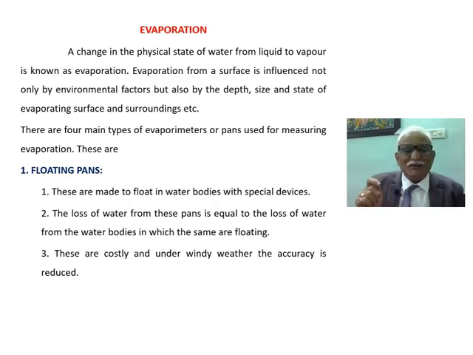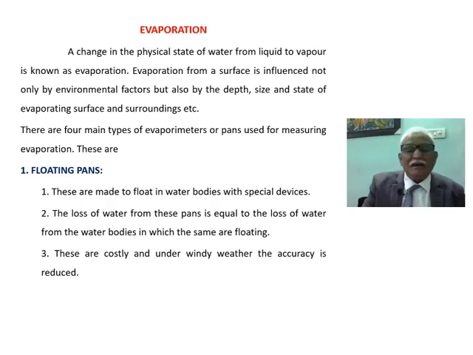The loss of water from these floating pans is equal to the loss of water from the water body itself. These are costly, and under windy weather conditions the accuracy is reduced. Why? Under windy conditions, eddy problems are there. Eddy correlation techniques and everything, as I said, I will discuss with you at the PG and PhD level.